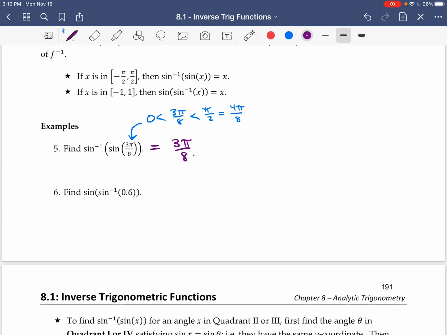The sine inverse and the sine cancel because 3 pi by 8 is in this interval. Similarly, 0.6 is in this interval here, and we're doing sine of sine inverse. So again, this is going to be 0.6. The sine and the sine inverse just cancel out.